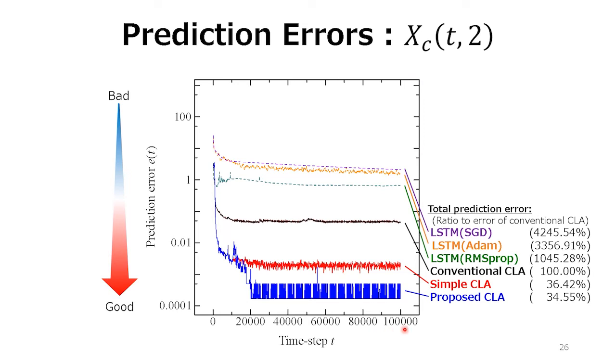That is, we see that the prediction errors of LSTMs are higher than CLAs. We also see that the proposed double-layered CLA significantly decreases the prediction errors compared with the conventional single-layered CLAs.